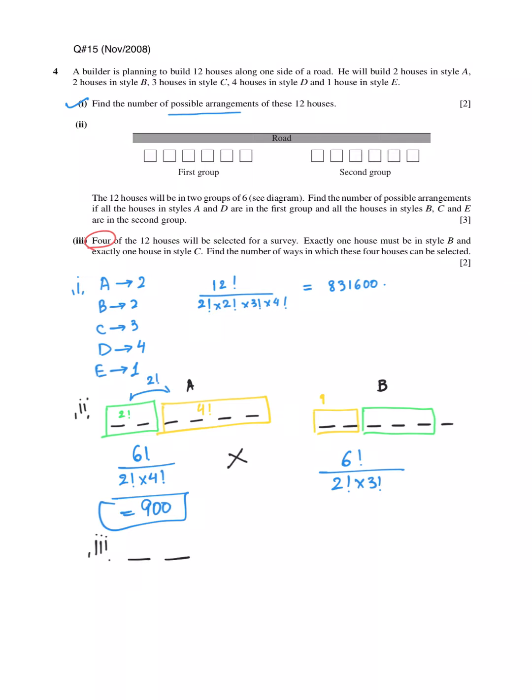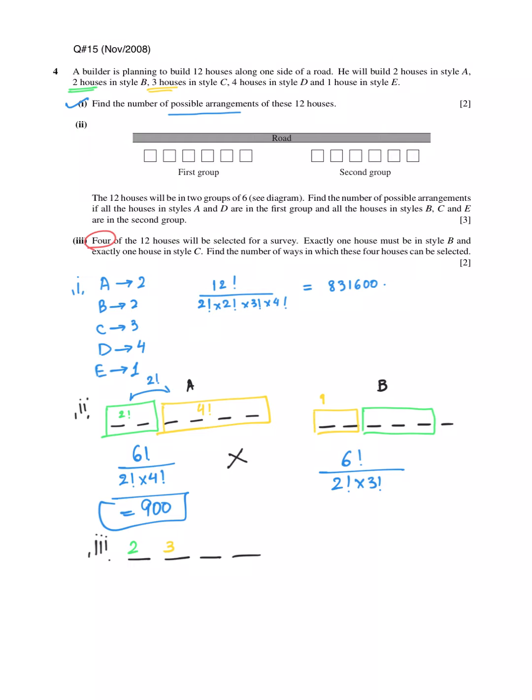If we select a house in style B, there are two options. Similarly, for style C, we have three options.